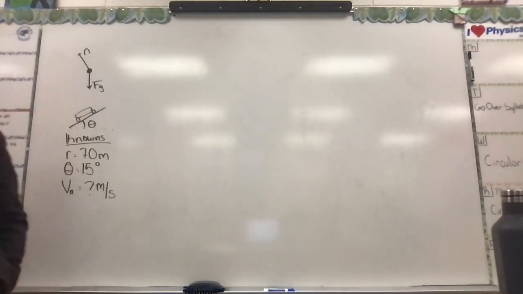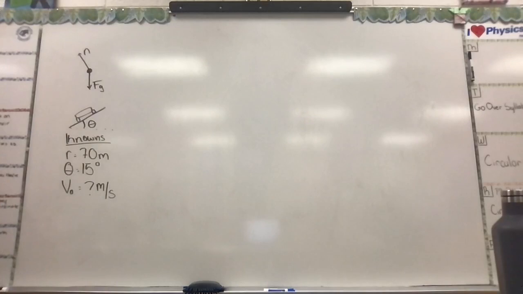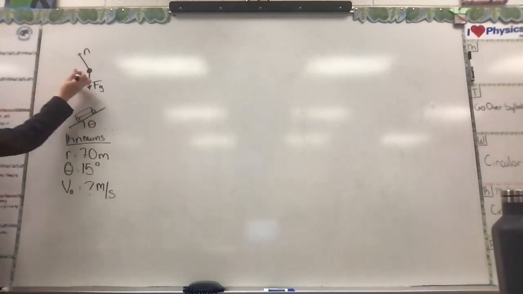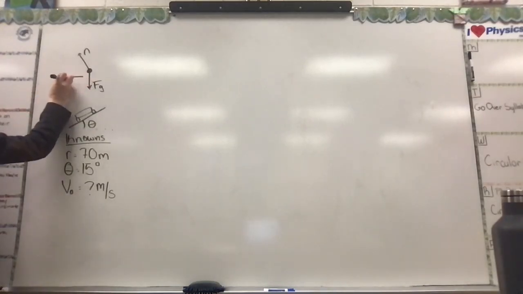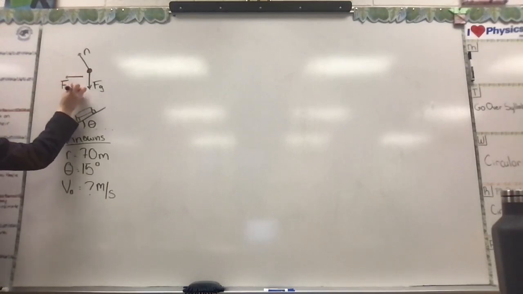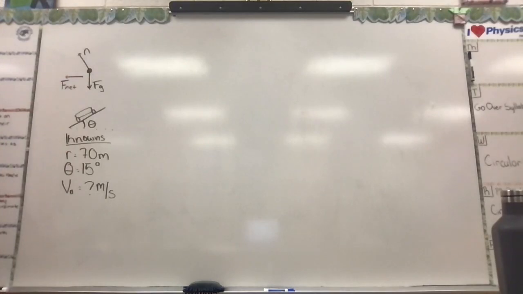Okay? And then, well, we don't have any friction, right? But if we are rounding a banked curve, which way is our net force going to point? Forward. Towards the center. Good job. I'm just saying that in general, it's going to be pointed in that direction.